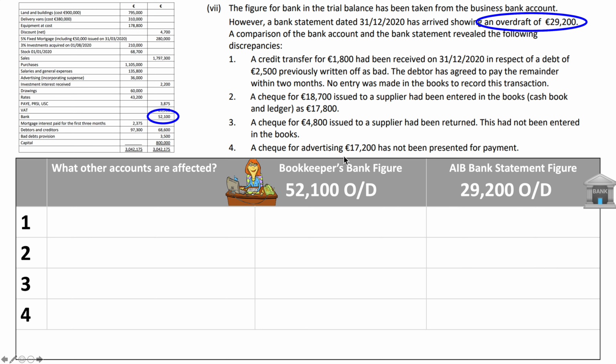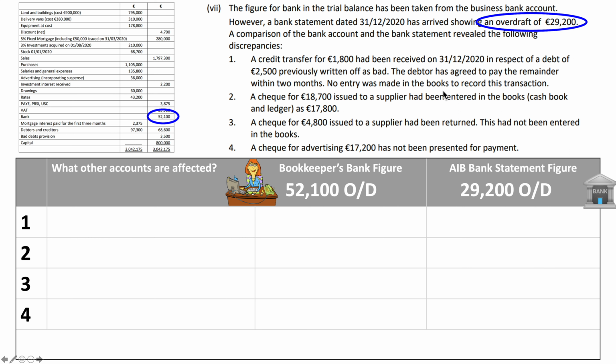Now, the comparison of the bank account and the bank statement reveals the following discrepancies. Number 1, a credit transfer of €1,800 had been received on the 31st of the 12th, 2020 in respect of a debt of €2,500 previously written off as bad. The debtor has agreed to pay the remainder within 2 months.